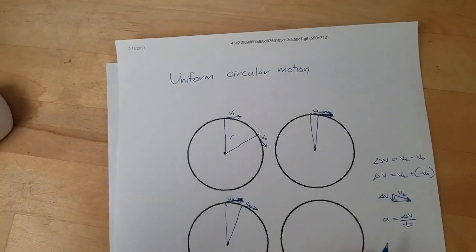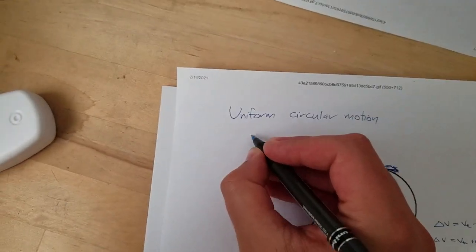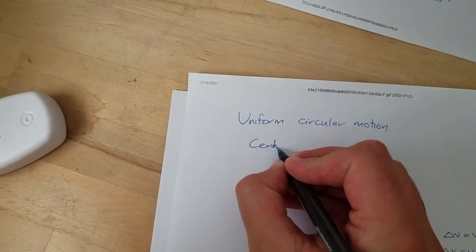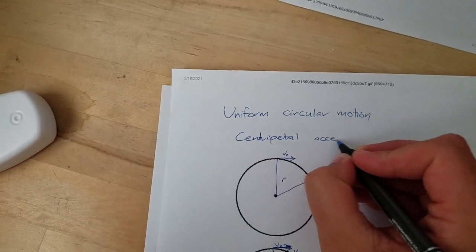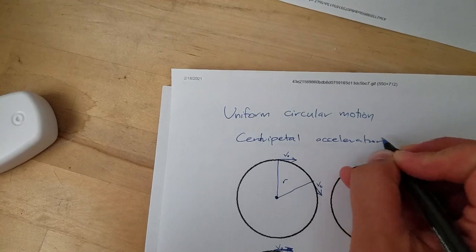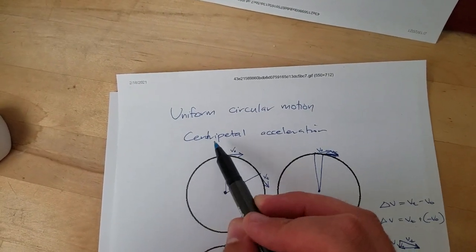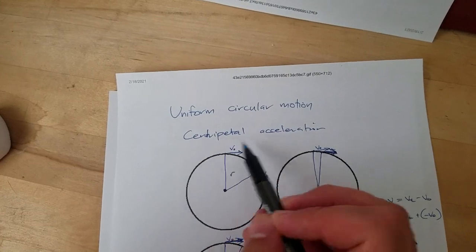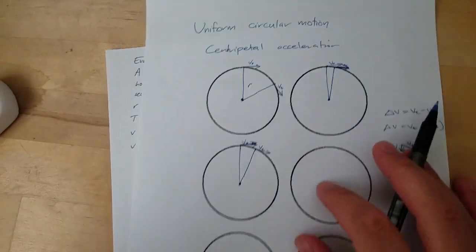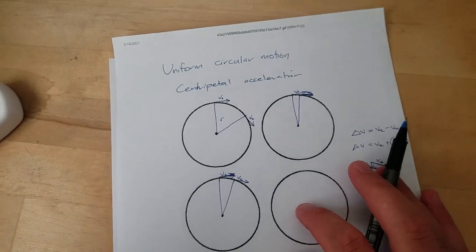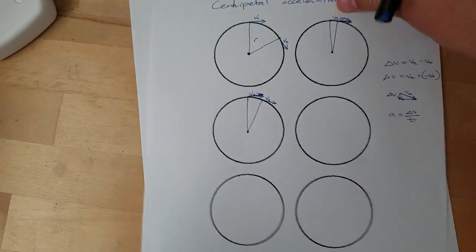Alright, and what we call this is centripetal acceleration. Centripetal just means center seeking, so center seeking acceleration. So even though the velocity magnitude is staying the same, because it's changing direction, we have got acceleration.